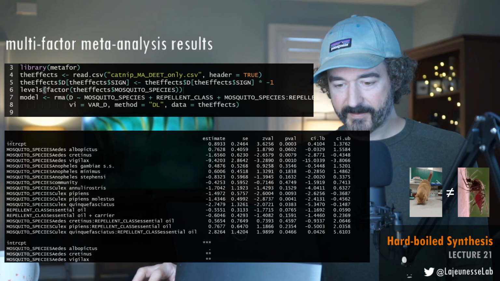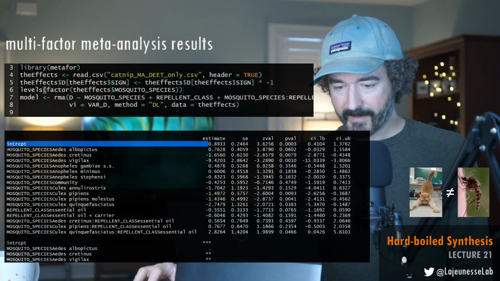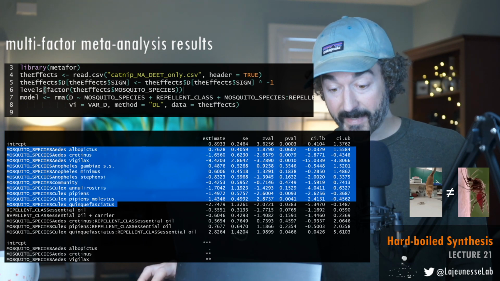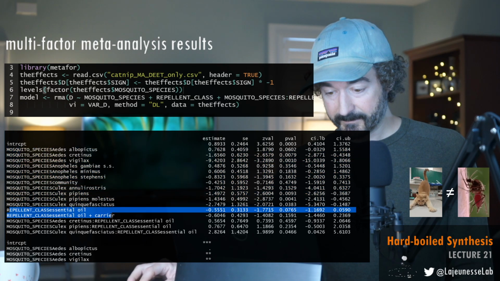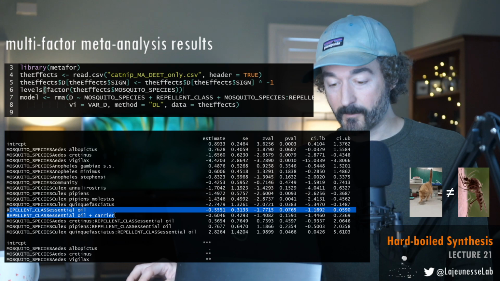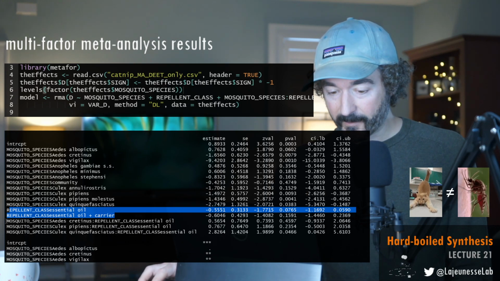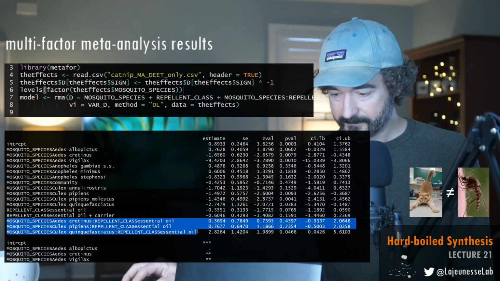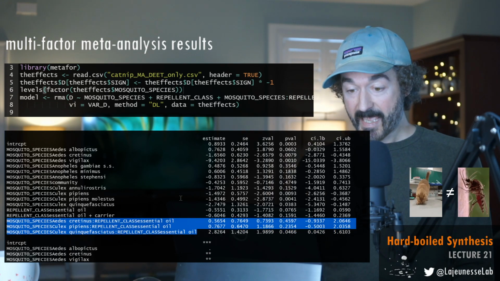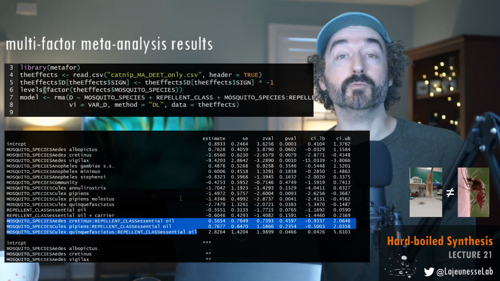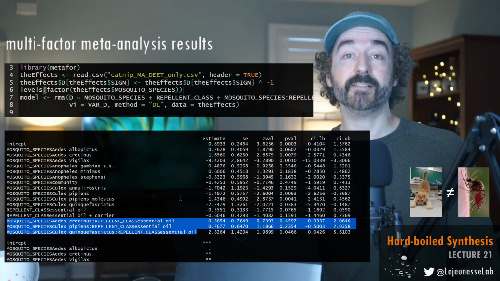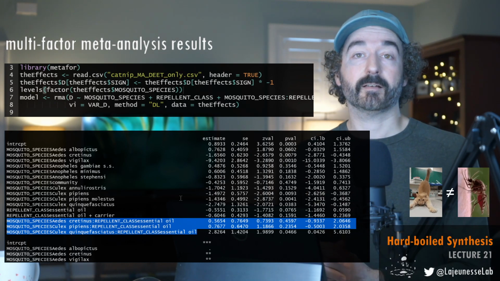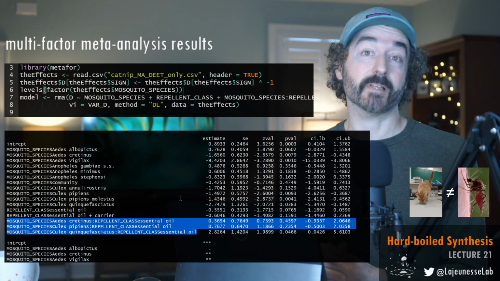We got our intercept again. We got all our mosquito main effects. We got our repellent regression coefficients. And then finally we got our interaction regression coefficients. And it looks like there are very few opportunities to do a full interaction effect between the different repellent formulations.